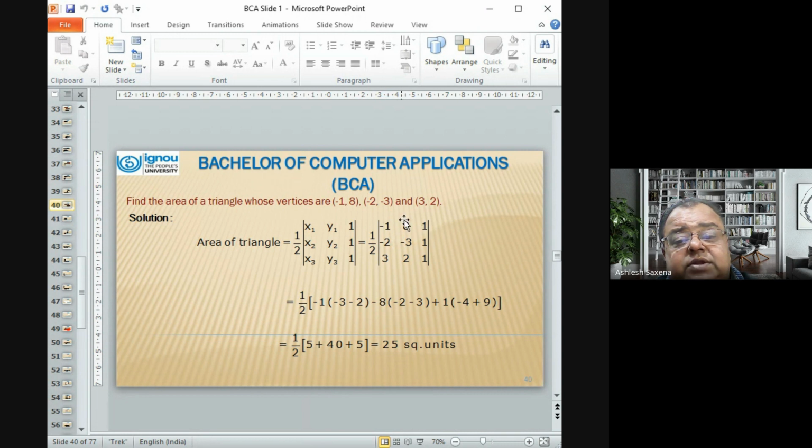Remove the bracket, you will be left with -2, 1, 3, 1. -2 into 1 is -2, and then it will become -3, +1, third one, -2 into 2 is -4, minus into minus will be plus, 3 into 3 will be 9. Simplify it. You will get 50 by 2, which is 25. Don't forget to write square units because area is always in square units.